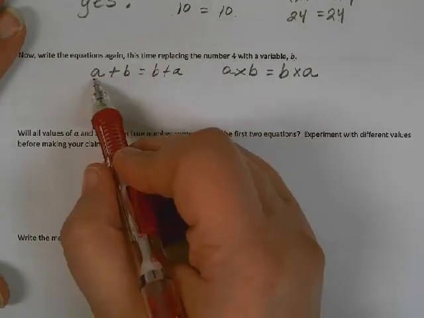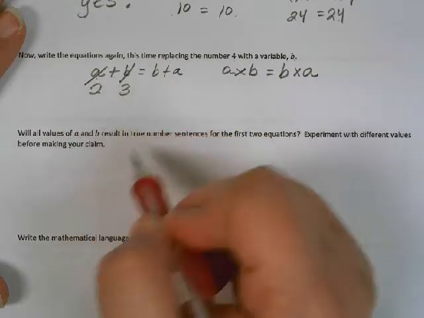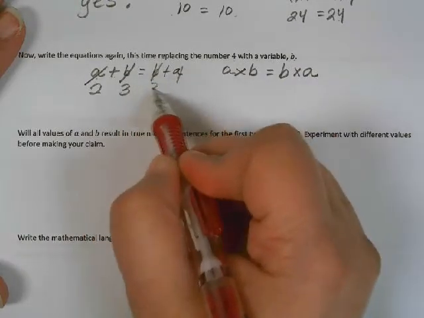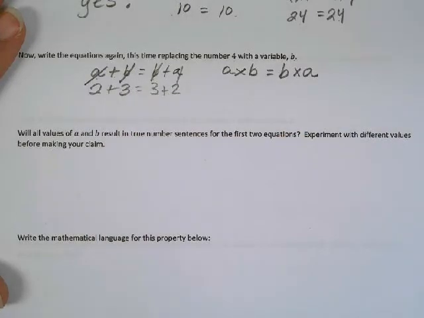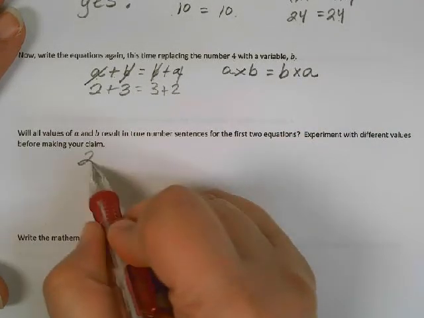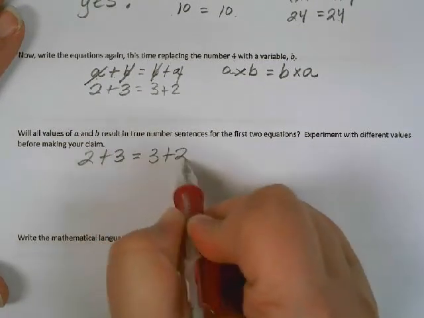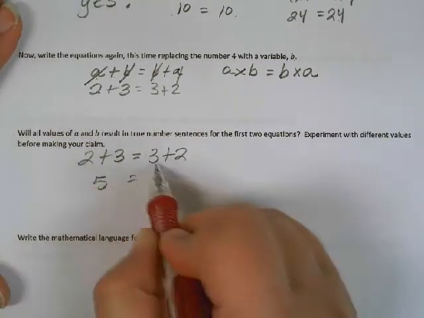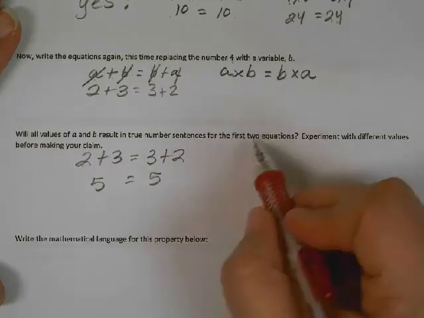So if I change A to a 2 and B to a 3, does that get the same thing? So let's try. 2 plus 3 is equal to 3 plus 2. 2 plus 3 is 5, and 3 plus 2 is 5. Let's try this one.